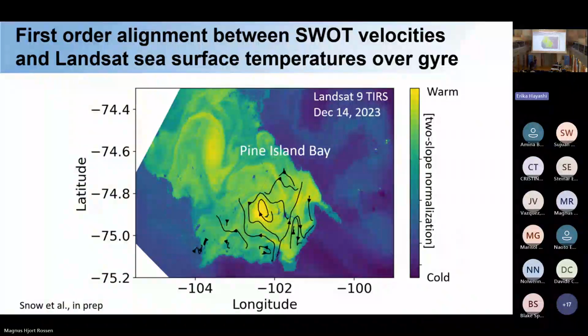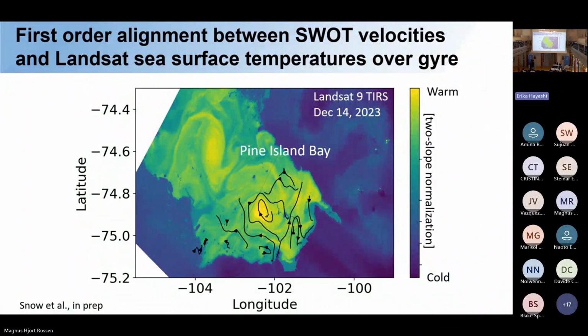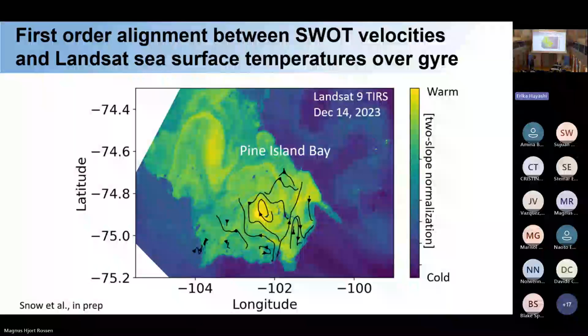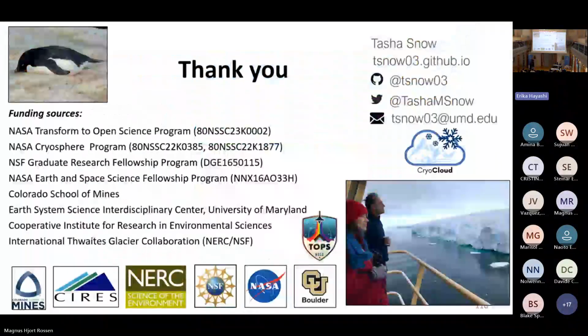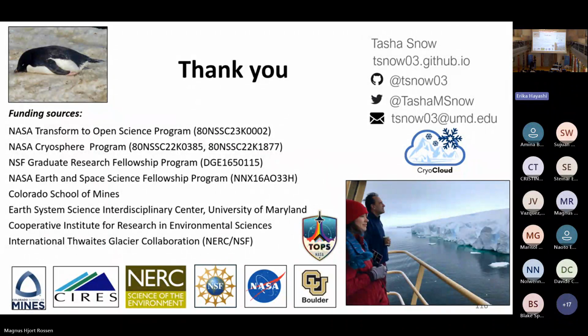We have no idea where these surface currents are, and we also have very little understanding of any of the variability. So this is some of the expectations we have for the applications of these sea surface temperature outputs from Landsat, and we have some other applications I can talk about later, but that is where we're going with Landsat. I'd like to thank everyone again, all of our funders, and we can take questions later.